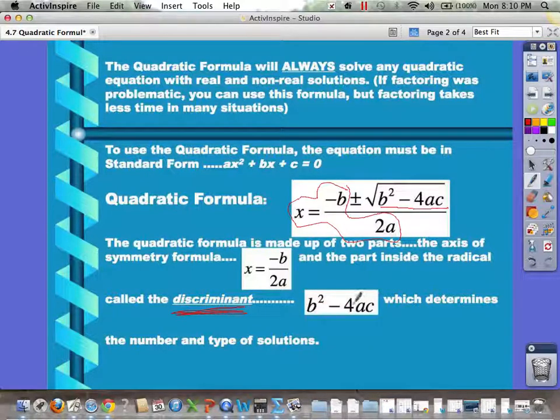And that's going to determine the number of solutions and types of solutions that you'll have, whether they're real or non-real or just one. That'll give you all that information just by plugging in right here. So oftentimes you can figure out what's going on with the parabola by what's going on with the discriminant. Okay, so we'll be practicing using just the discriminant.